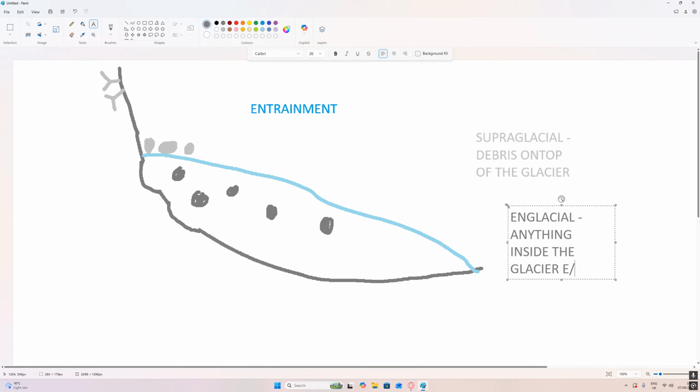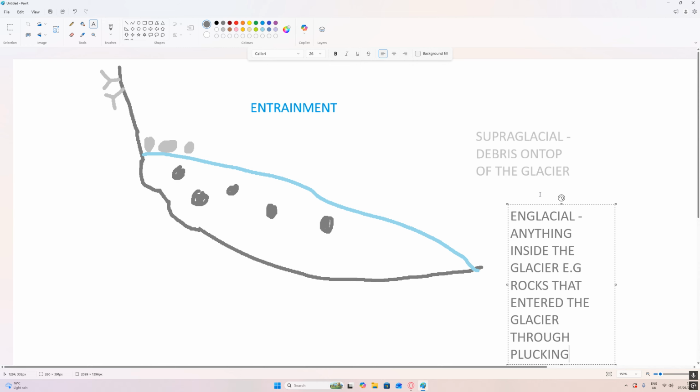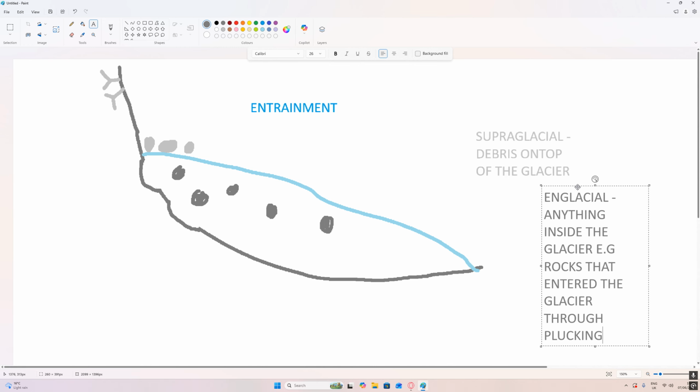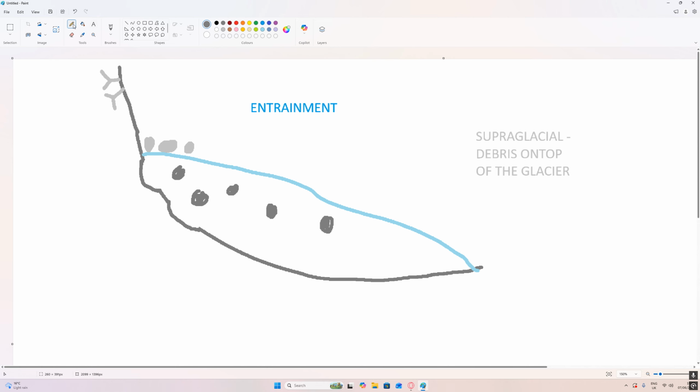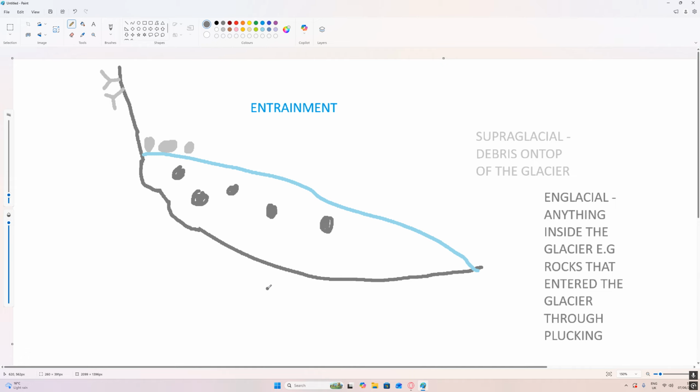So, for example, rocks that entered the glacier through plucking. Okay. And then the final method of entrainment, the final way rocks can be entrained, is through abrasion. So abrasion you might have already learned about from rivers, or maybe you've learned about it here.